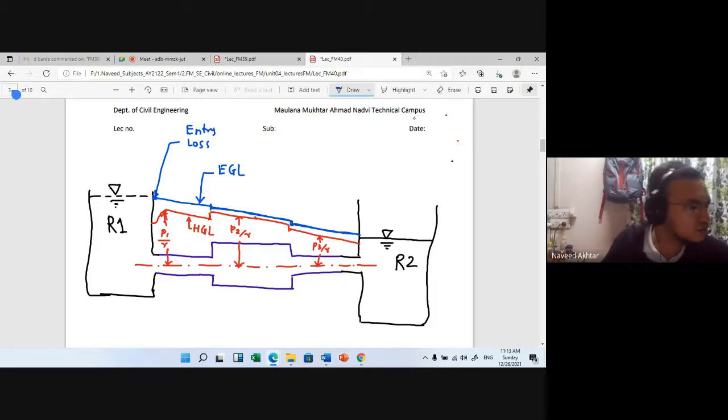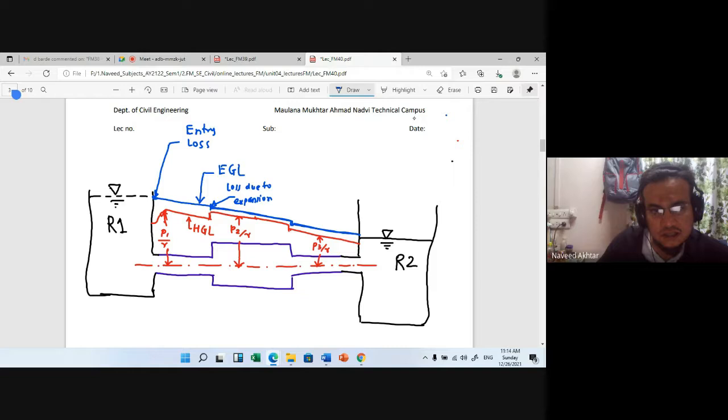Here some loss will be there, and this loss is due to sudden enlargement. So I will write down, this is loss due to expansion or sudden enlargement.